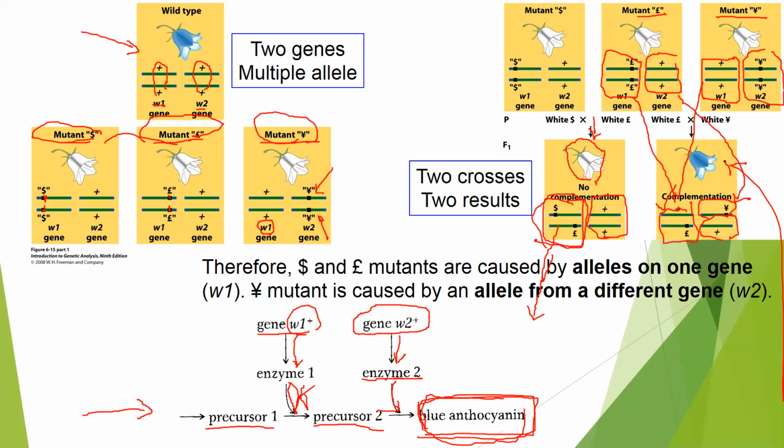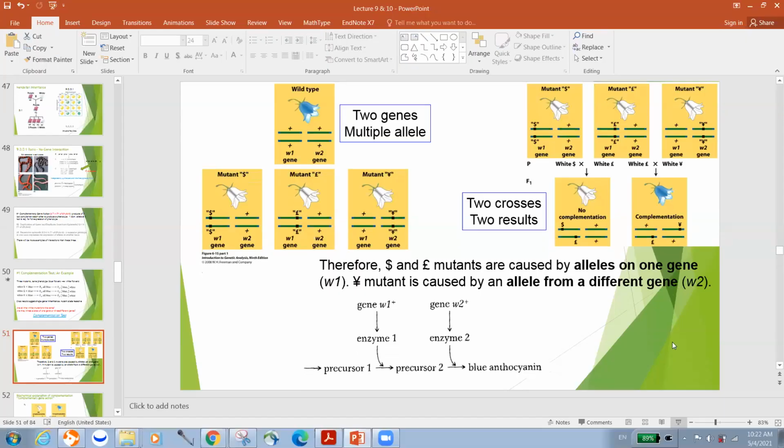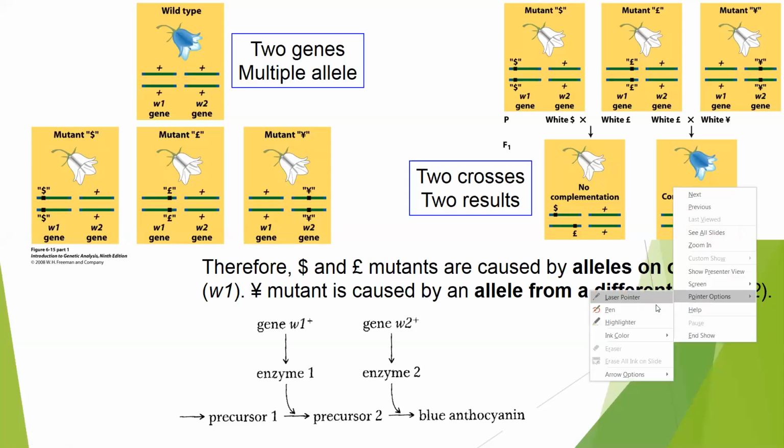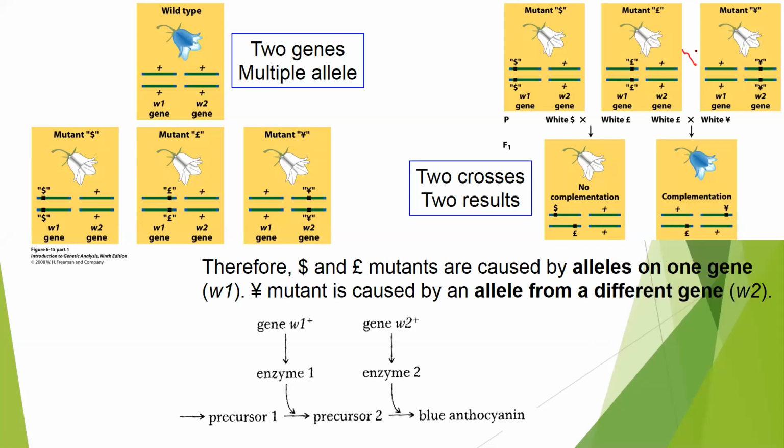So why is this? Let me erase this. Because in this cross, the 2 mutants can complement each other, because in the original mutation lines, the mutation occurs in 2 different genes.